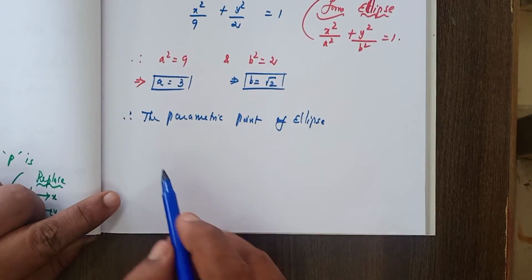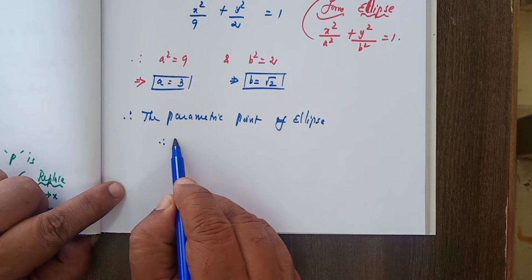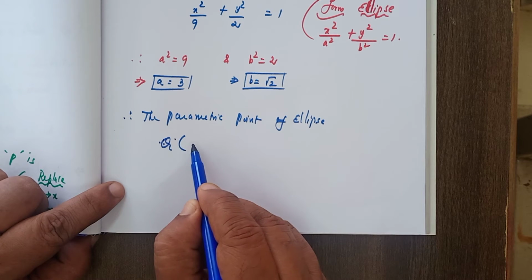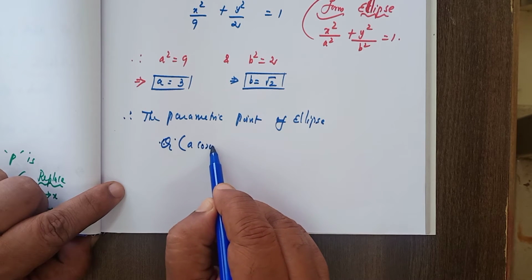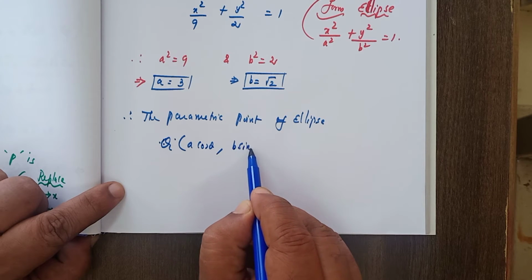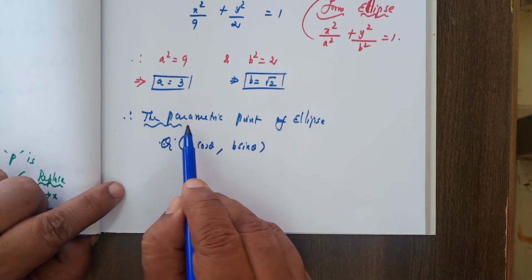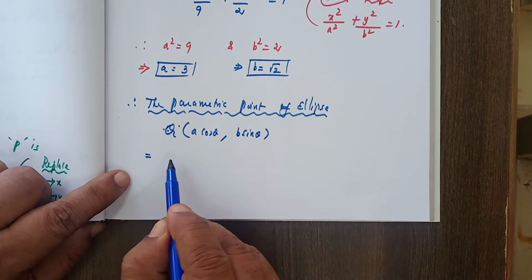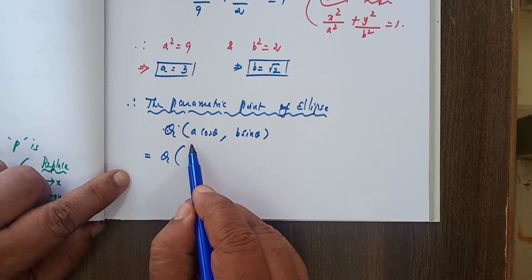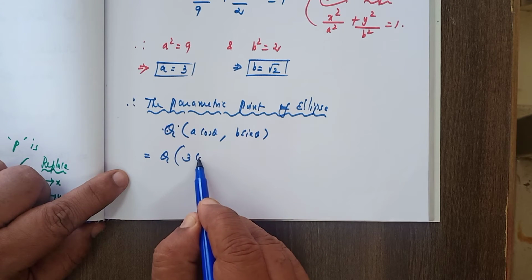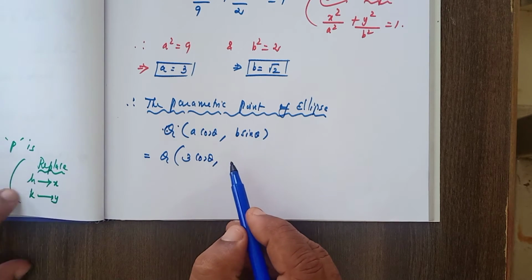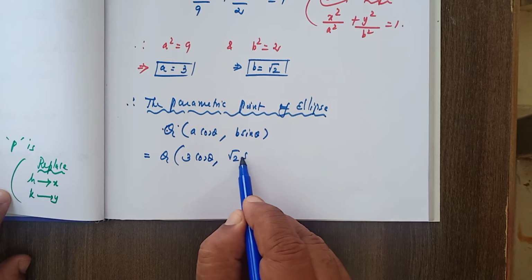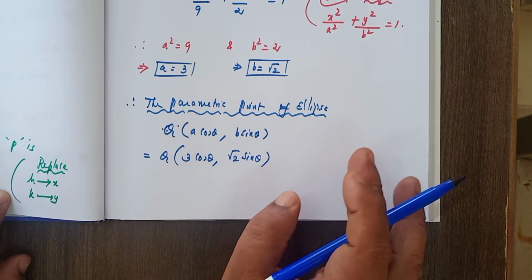That point is given as Q(a cos theta, b sin theta). That is a parametric point of the ellipse, so Q with a = 3 cos theta and b = root 2 sin theta. We got that point Q.